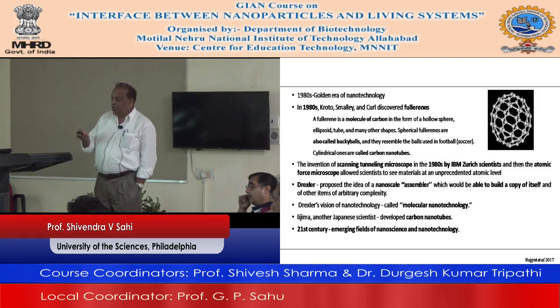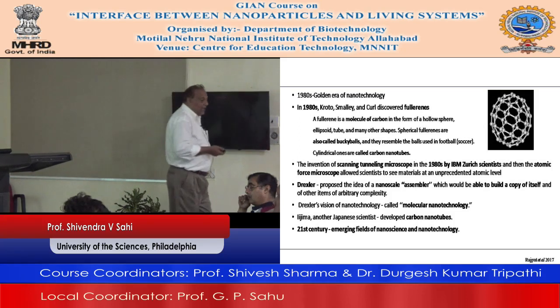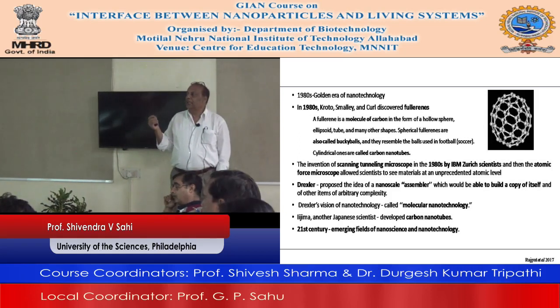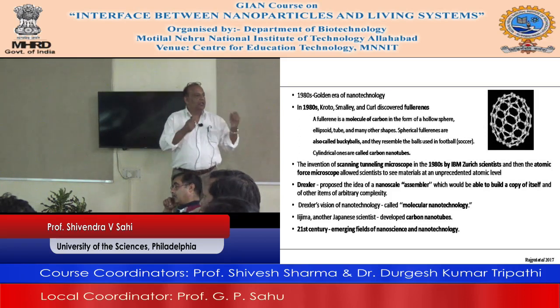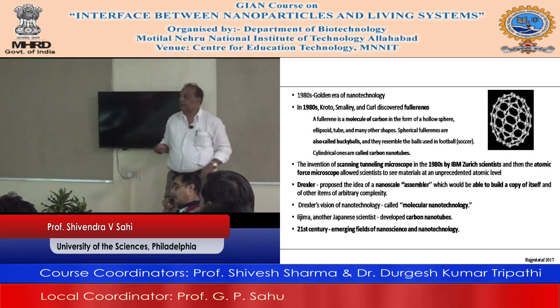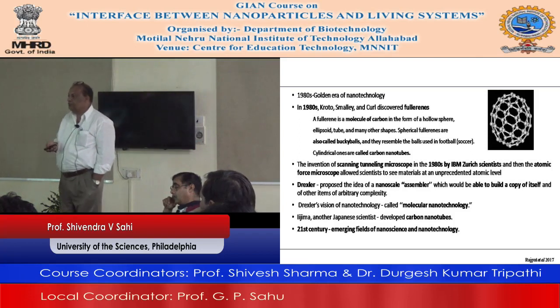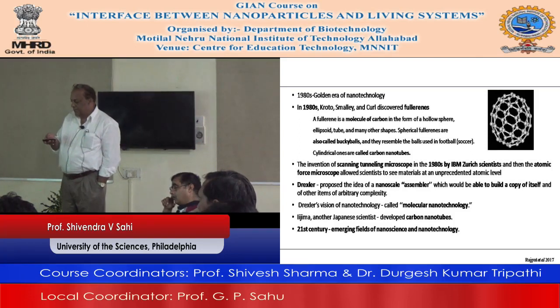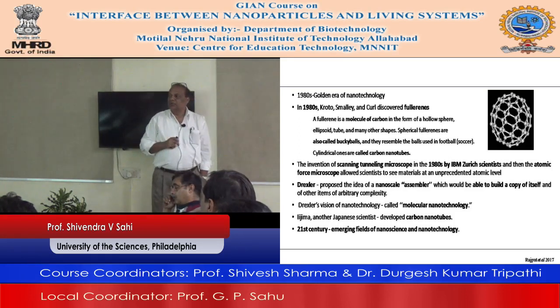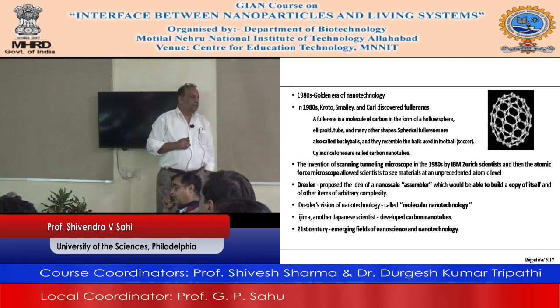Then Eric Drexler came up with the idea of a nanoscale assembler able to build a copy of itself. So a nanoscale molecule will start building a copy of itself, bottom to up. Then this Japanese group developed the carbon nanotubes. And now the 21st century is about this emerging field of nanoscience and nanotechnology.